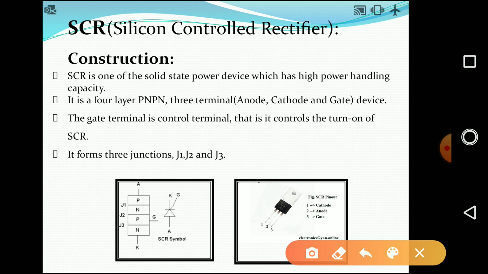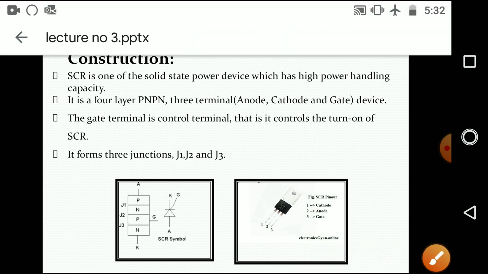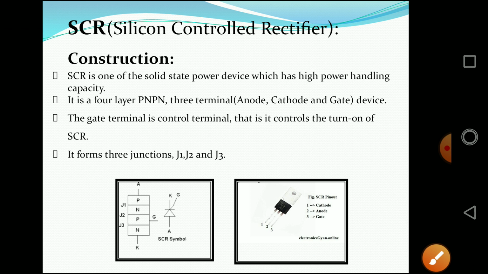So it is a basic thyristor which has 4 layers, PNPN, 3 terminals, anode, cathode and gate, and 3 junctions, J1, J2 and J3.